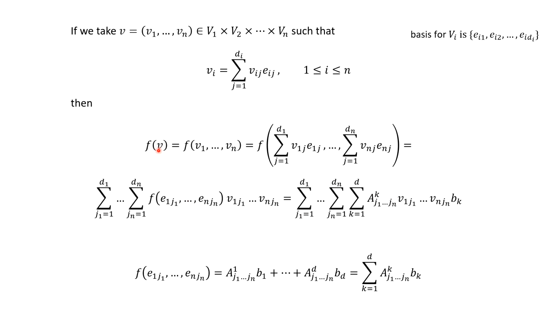So f of v can be written in terms of the coefficients from the equation we computed in the previous slide, as well as the coefficients for expressing the vector v. Okay, so rather a complicated formula, but you may want to spend some time making sure you understand all the steps in this.